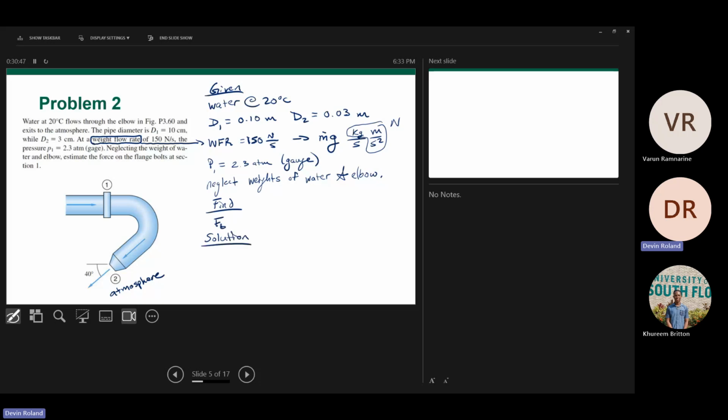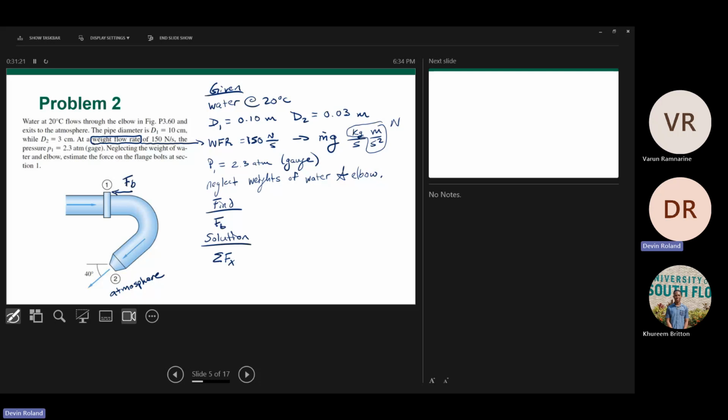Okay, so this problem is largely the same as the previous problem. We're going to use the same formula, Fx, because again, the only force that those bolts are going to have is horizontal, right? It's going to resist motion.